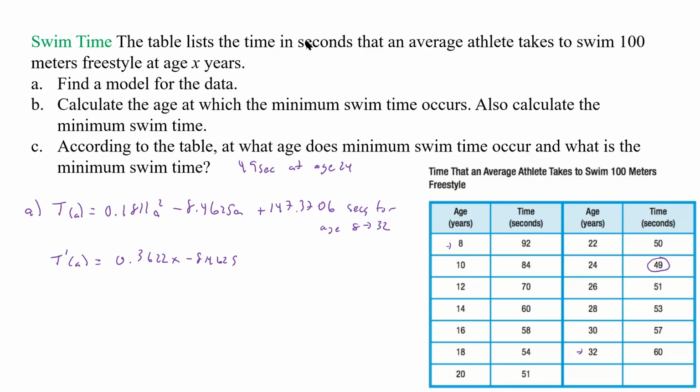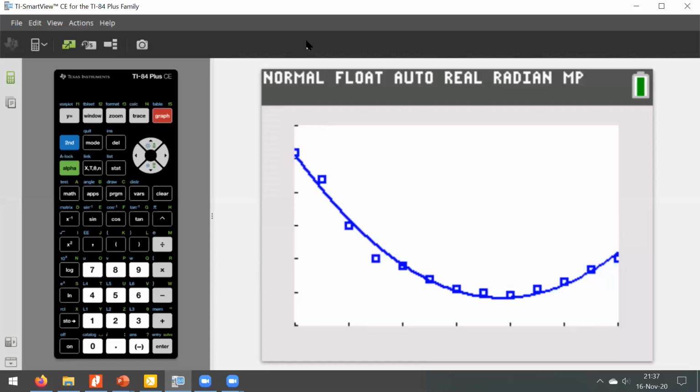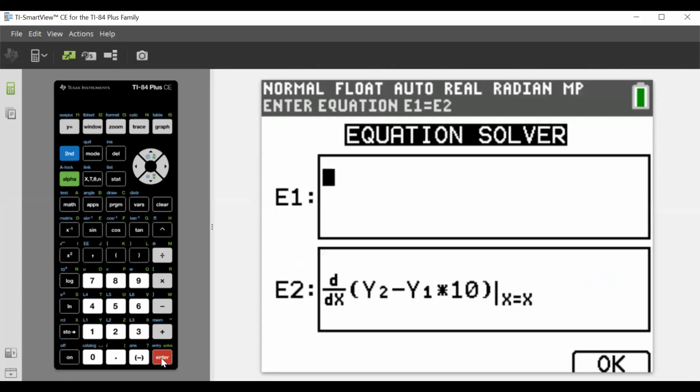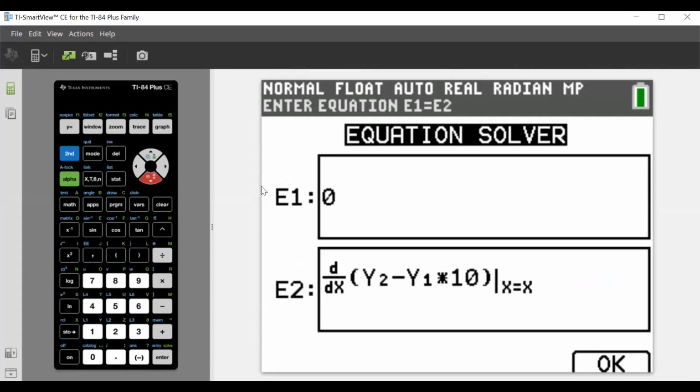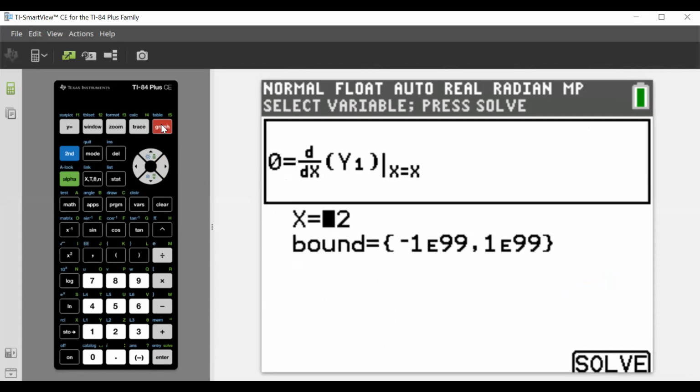So again, let's use our calculator. We have a calculator, so let's do that. And so we want Zero here, and then let's take the derivative, we'll say of y1. And so then we go over here, that looks good. So now we're finding where that 0 is.